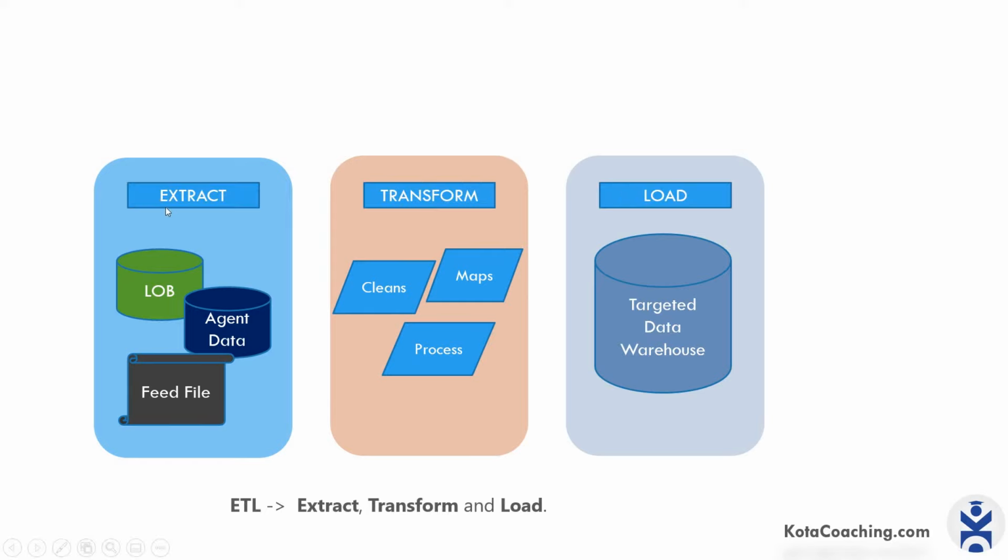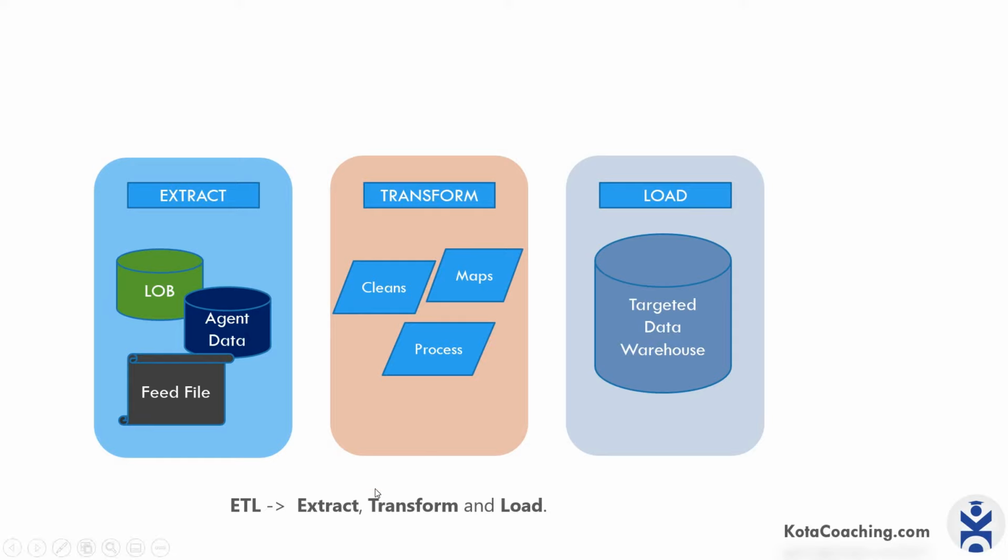In simple words, we can say the first step is extract, the second step is transform, where we are transforming the data, and then we are loading the data into the targeted data warehouse. Combined, we call it ETL: extract, transform, and load.